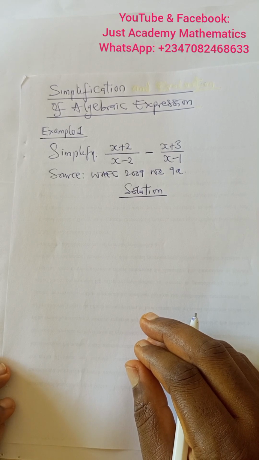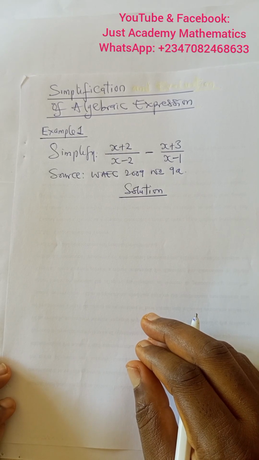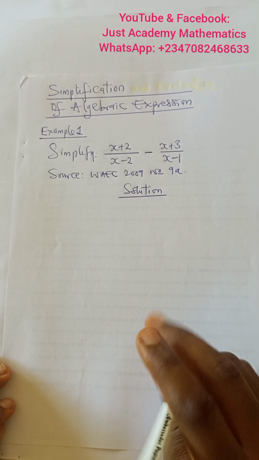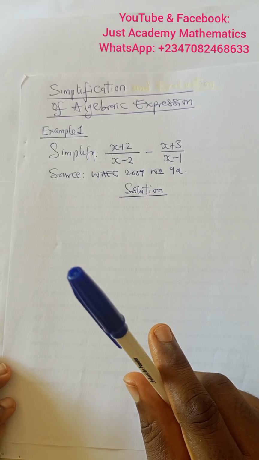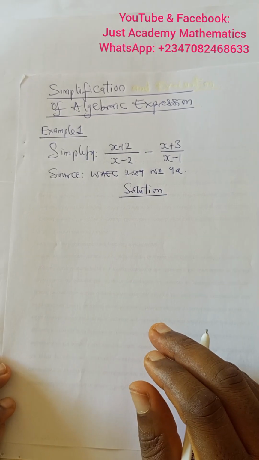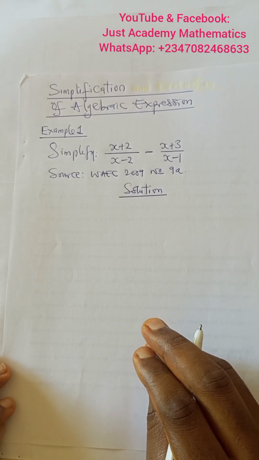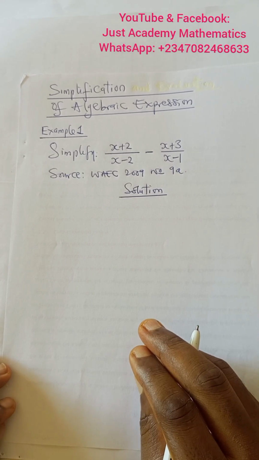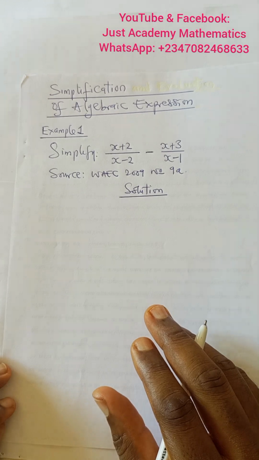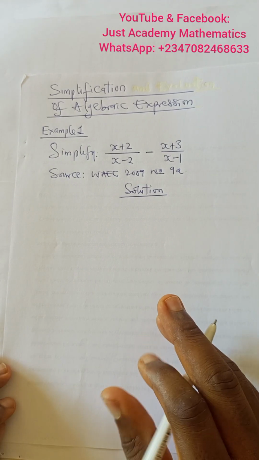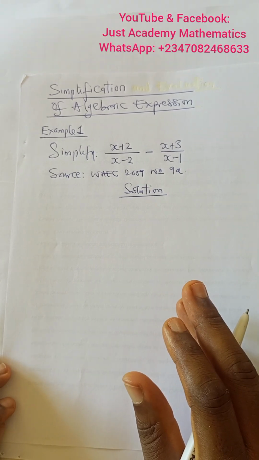We are still in quadratic equation, but I need to take this topic because most of the things we are going to be seeing under this subtopic are things we have done in the part of quadratic that we have done. So, simplification of algebraic expression.